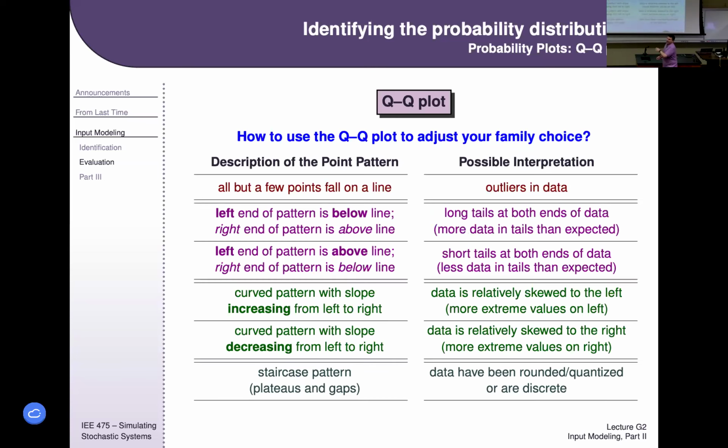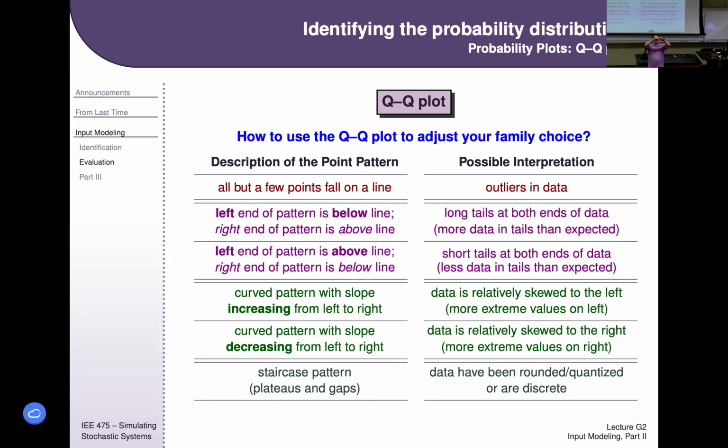And so there are these rules, and I'm not going to go through all of them, but this is an example of them. They're in the slides. But the basic idea is there are these patterns, like the left end is above or below the line, and the right end is the opposite. Well, under those cases, if I've got the left end below the line while the right end is above the line, that tells me that there are longer tails than my hypothetical distribution on both ends of the data.